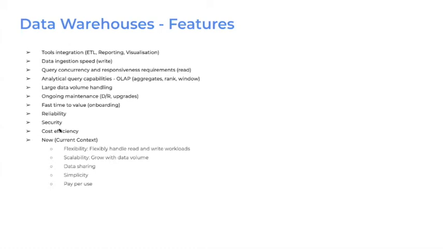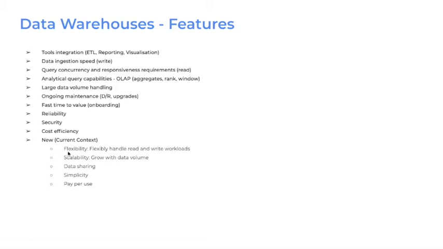I'll not go through all the requirements here, but these are a comprehensive set of requirements which a data warehouse typically meets. The requirements under the current context have started to become a lot more relevant due to the fact that many of the cloud vendors are providing data warehouse options which are very distinct from what the traditional data warehouses used to do.